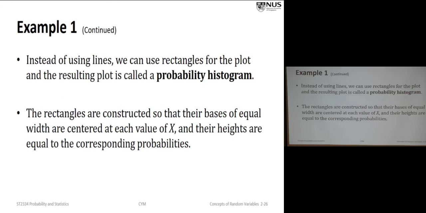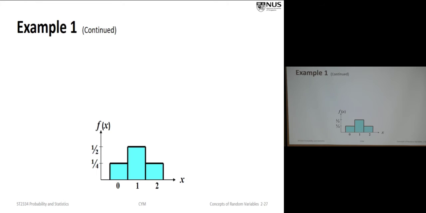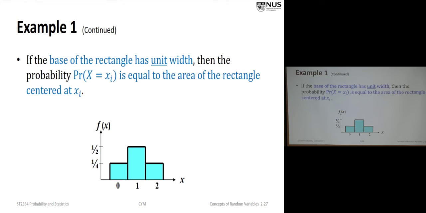So we can have, instead of a line, a histogram. So here is a graph, histogram. All right? So the probability of x equal to 1 is equal to this area.